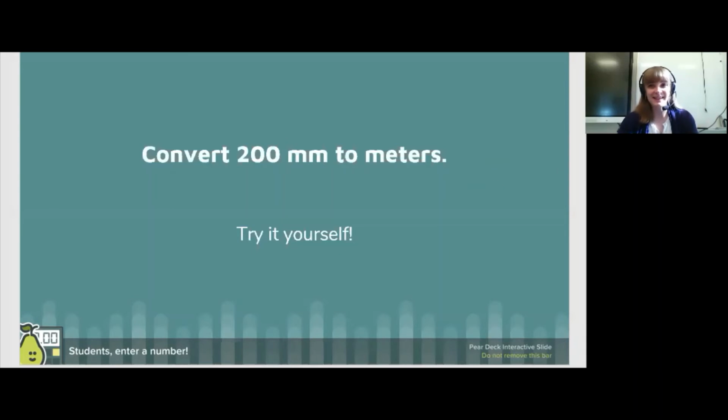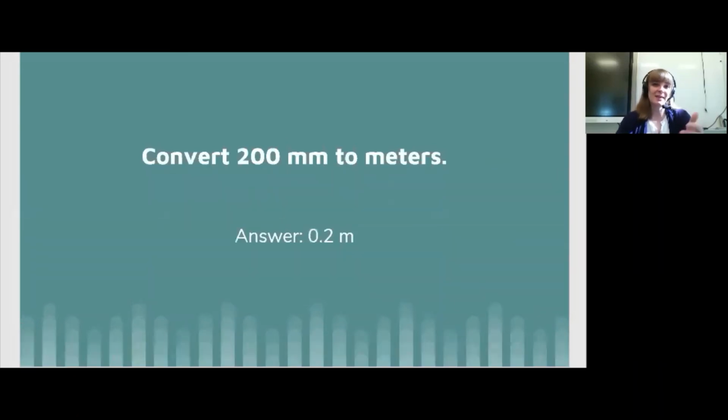All right, excellent. If you did it correctly, this would be your answer. Just to go over that, we wanted to convert, using King Henry died unexpectedly drinking chocolate milk, from millimeters, so from here, to meters, which is here.